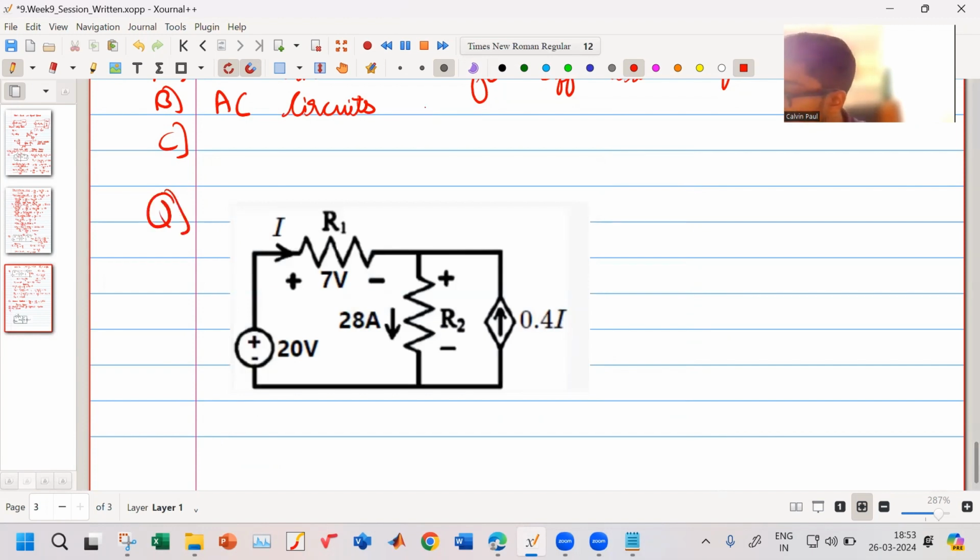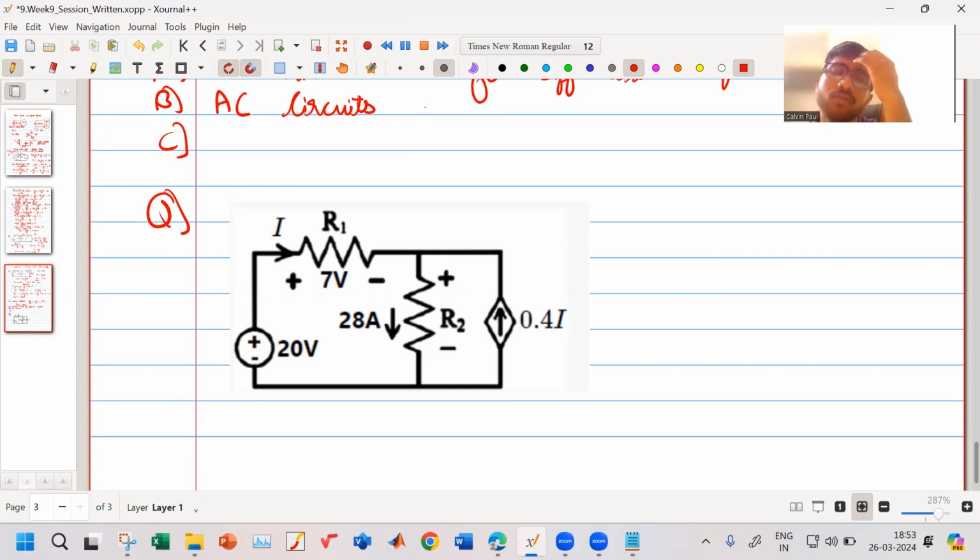Okay. So how do you solve this question? Maybe we can use 0.4 I as the voltage across the resistor, and apply KCL at that node and we'll get the I value.